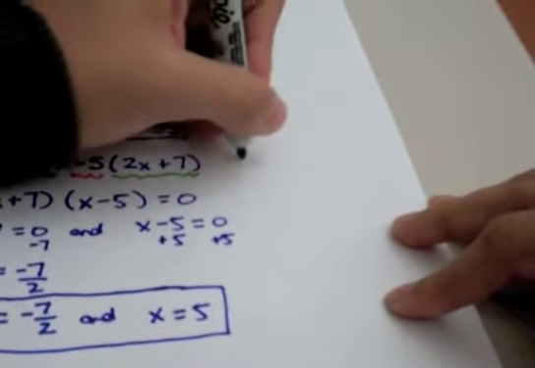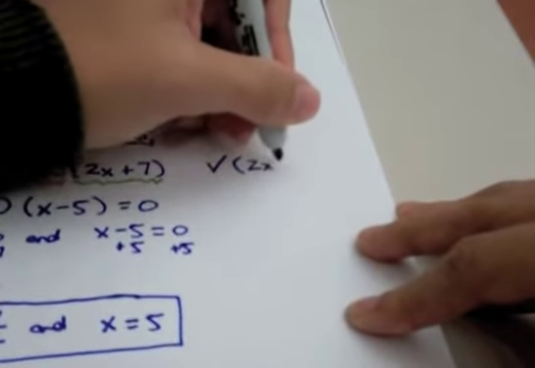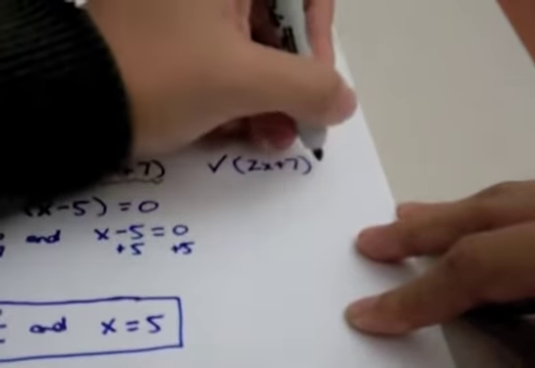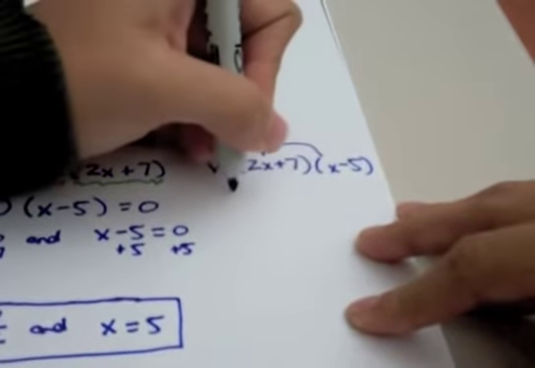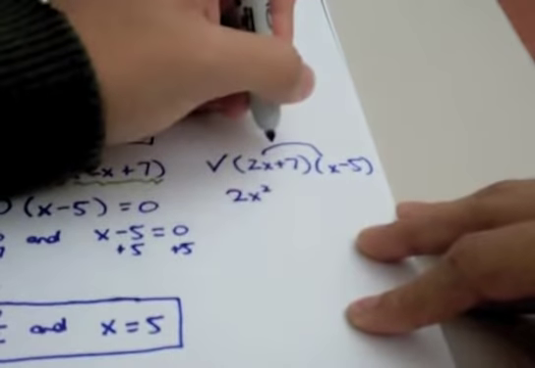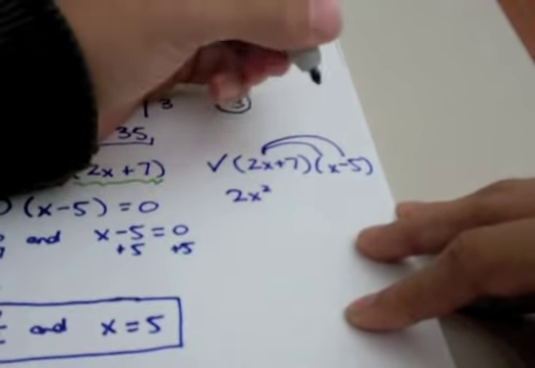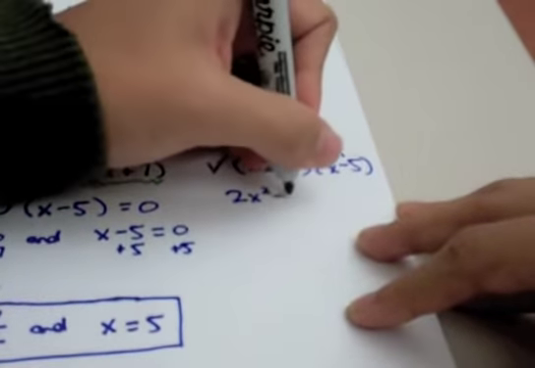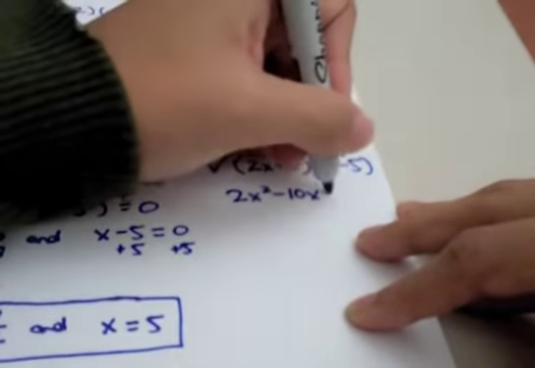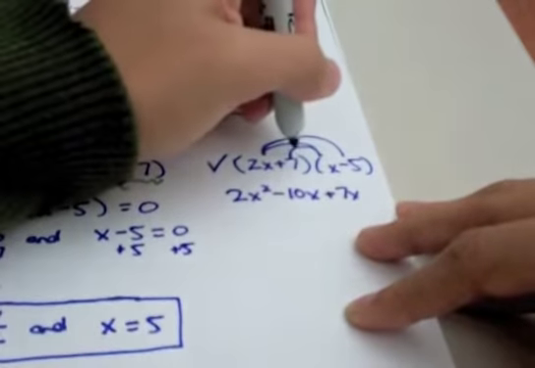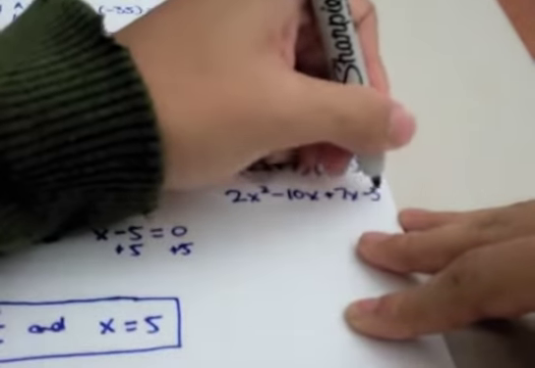So we have our check, which is 2x plus 7 times x minus 5. First, 2x times x is 2x squared. Outside is 2x times negative 5, so that's minus 10x. Inside is x times 7, so plus 7x. And last is 7 times negative 5, which is negative 35.